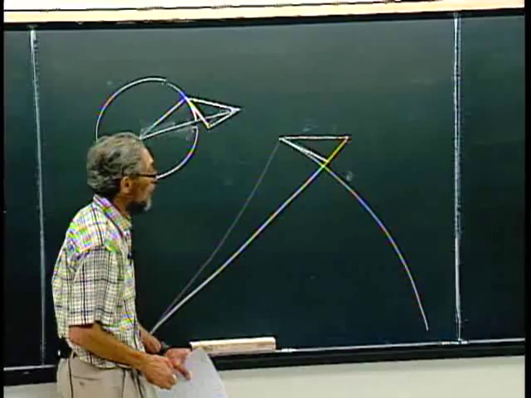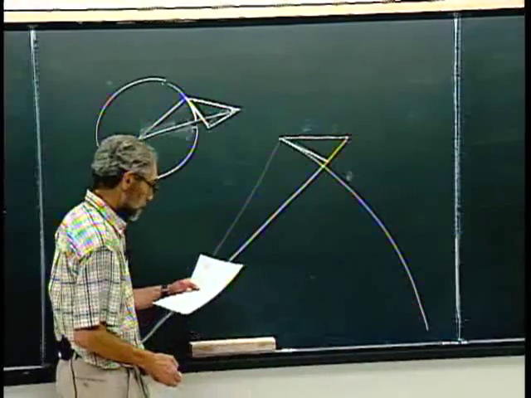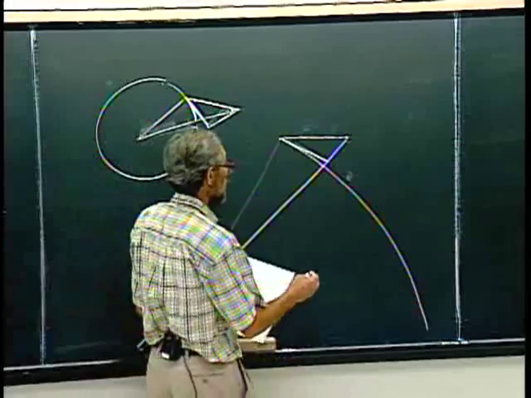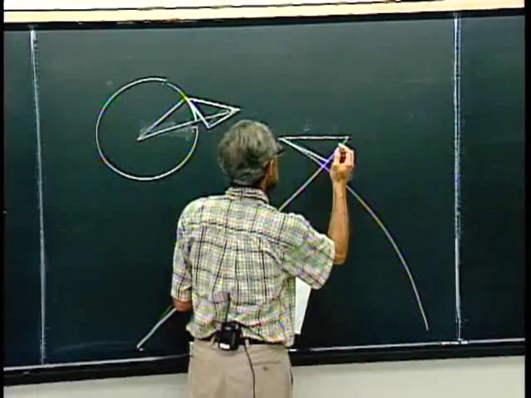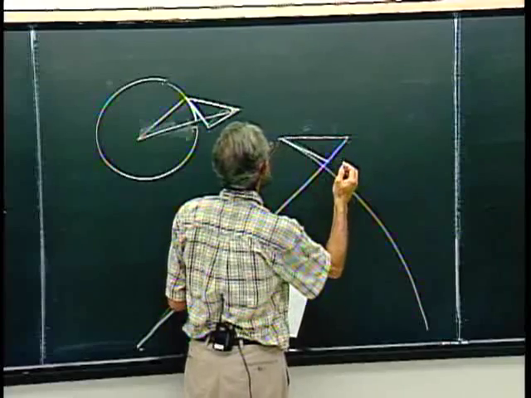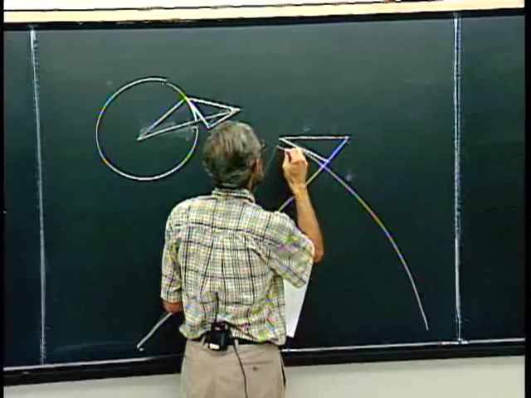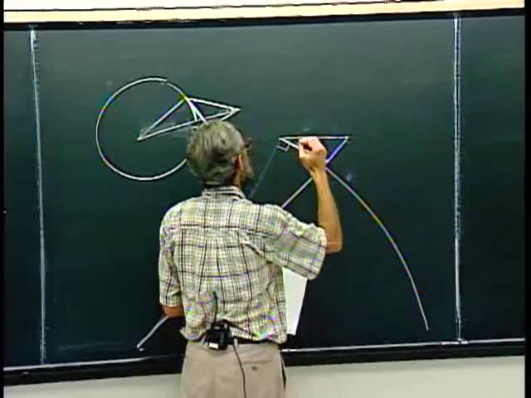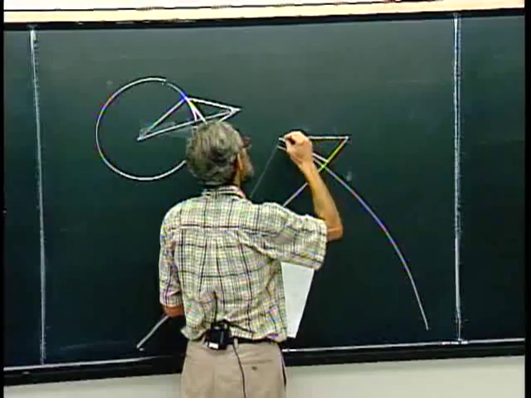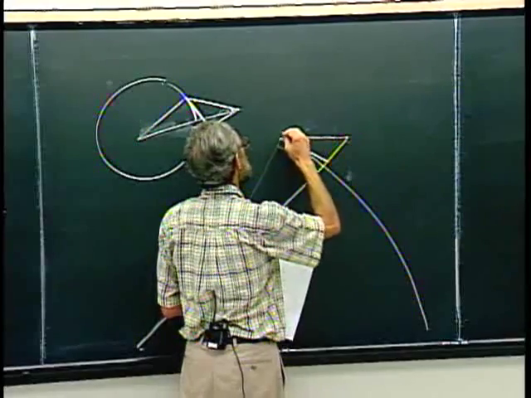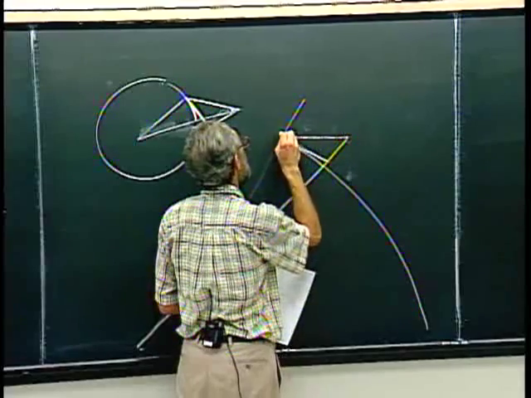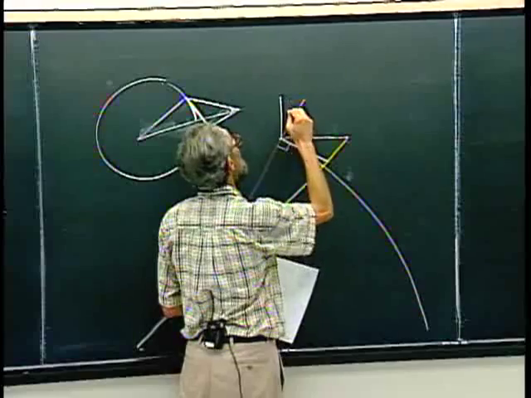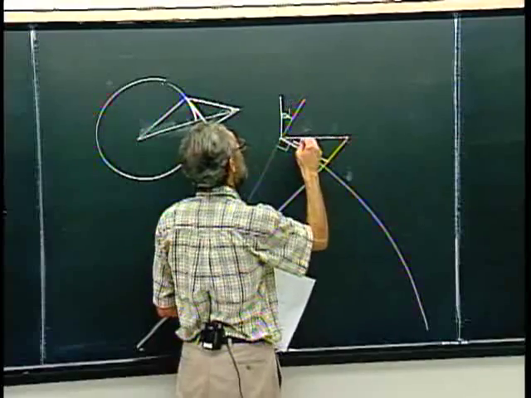So what I'm interested in is the angle between, I guess this thing is a right angle, and I'm interested in this angle between this radius vector and the normal to the surface. And that's the angle that I'm calling alpha.